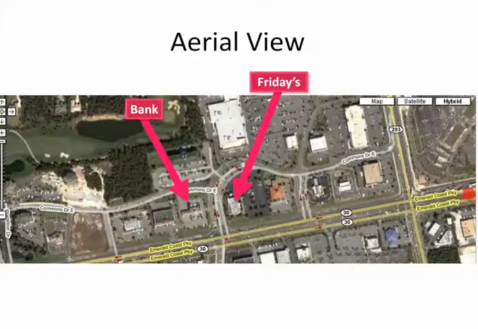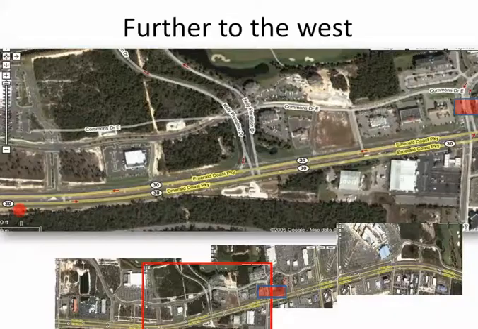Okay, to give you an idea of how that backage road called Commons Drive has developed, there's the original Fridays, and there's the bank. Those buildings are both still there, but what you have is Commons Drive coming around and continuing on here. Notice where that red block is, because I'm going to expand the photo, and you can see that Commons Drive keeps going, and this picture up here is only this portion of the slide.